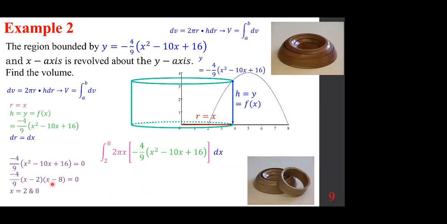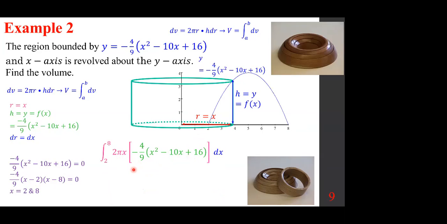And we have 2 pi x times the function. Again, I'm going to leave this for you to finish. I'm going to assume you can do that.